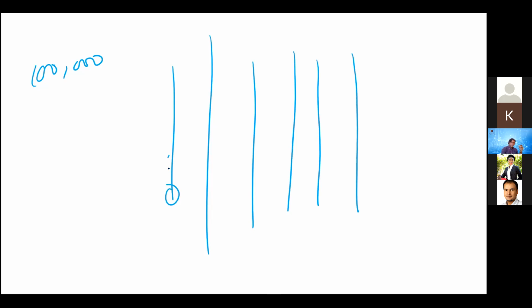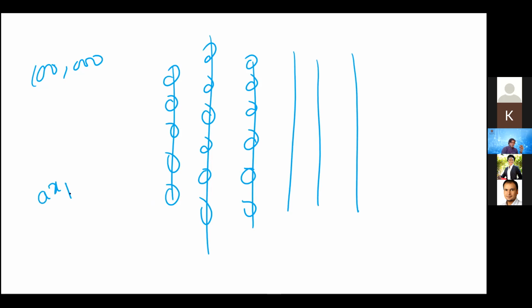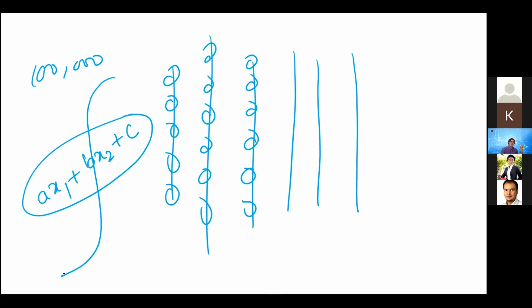In each layer, you have some neurons. What are these neurons? These neurons are AX1 plus BX2 plus C, where X1 and X2 are the features, A, B, and C are the weights, and whatever you get, AX1 plus BX2 plus C, that entire thing goes through a sigmoid function.